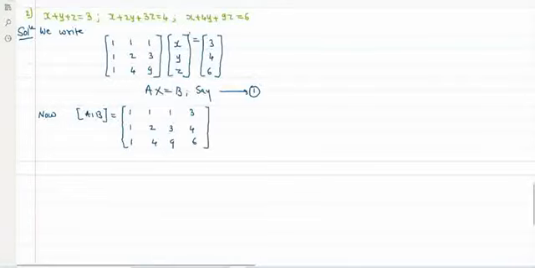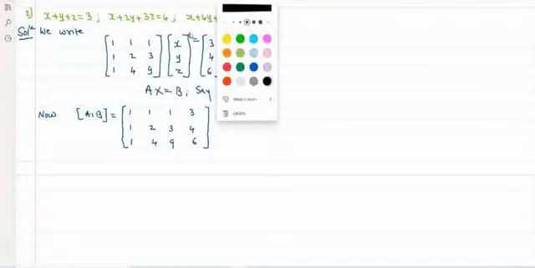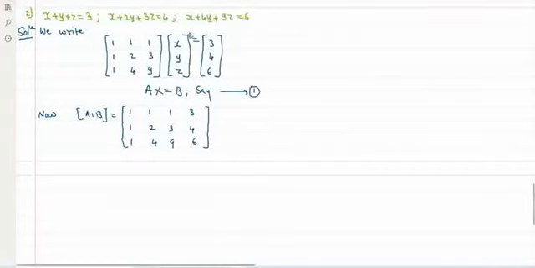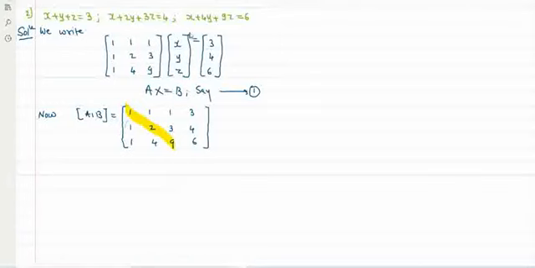Now again, fix the diagonal entry. In this case, the diagonal entry is 1, 2, 9. Our first target is to reduce these two elements by using R1. Tell me the transformation. R2 minus R1, R1 is the key row, and R3 minus R1.